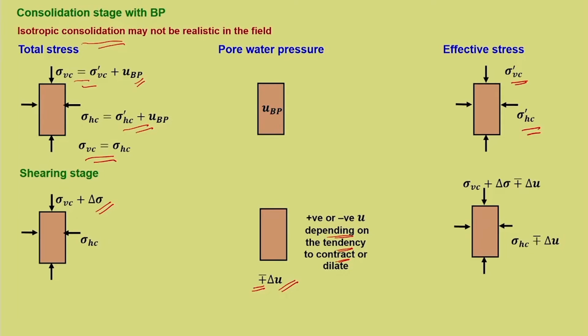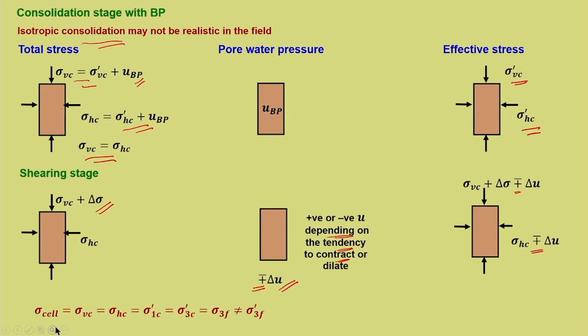So a dilating sample will try to exhibit negative pore water pressure, or decrease in pore water pressure, whereas a sample which tends to compress will achieve positive pore water pressure, because drainage is not permitted, it translates to pore water pressure. So hence the effective stress will be sigma Vc plus delta sigma plus or minus delta u. This sign depends upon the behavior during shearing. Similarly for sigma Hc. So this is the stress condition of the sample during consolidation and during the shearing stage.